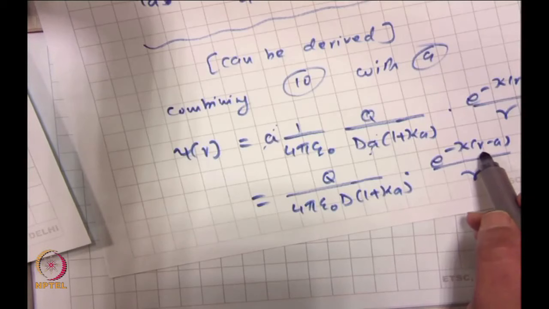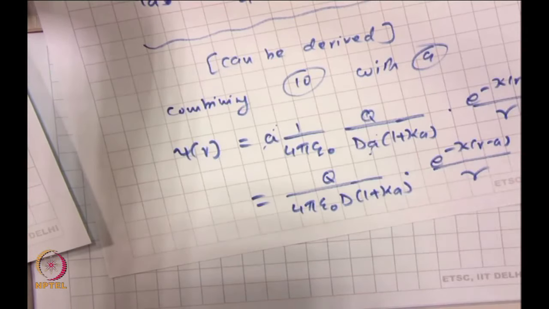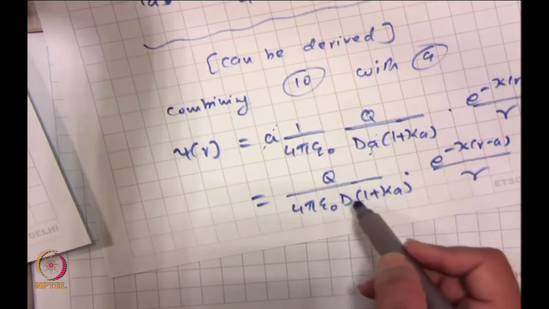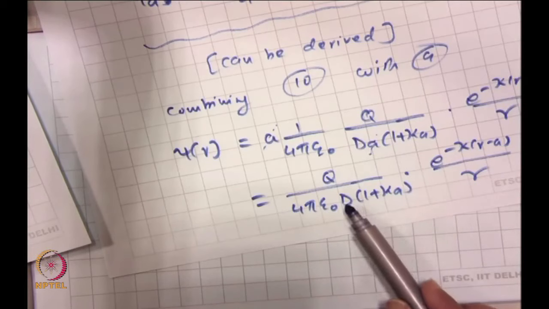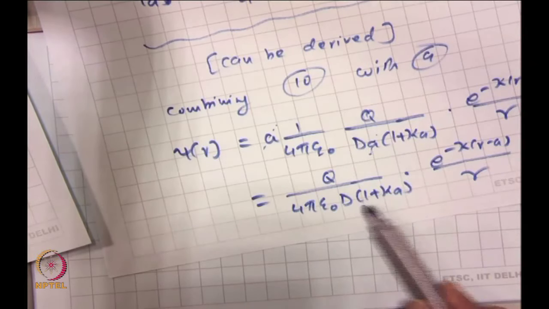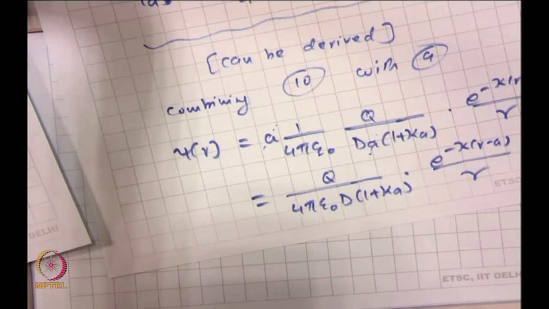You have two things. One is the exponential term which we discussed before, and the other is the screening, because along with the dielectric constant you also have another term. The dielectric constant is getting multiplied by a factor, 1 plus kappa A. So it is not only the dielectric constant which is screening the two charges from each other, it is also the intervening salt solution playing its role.